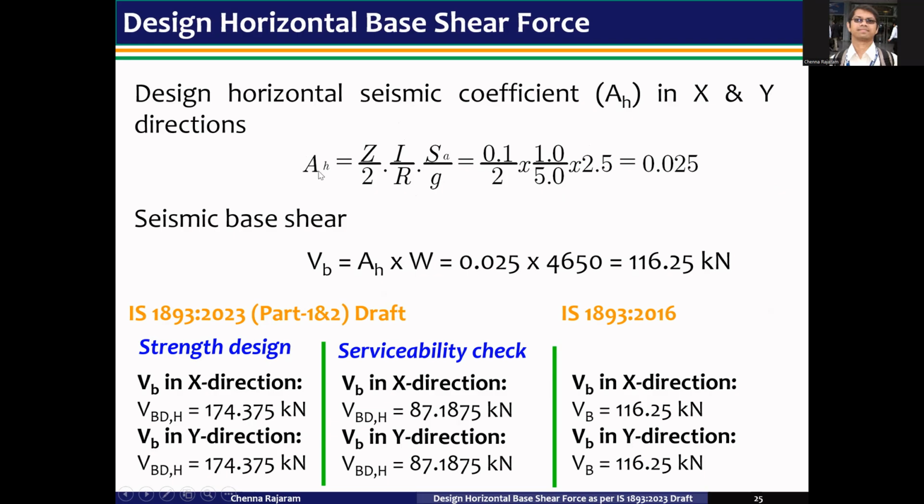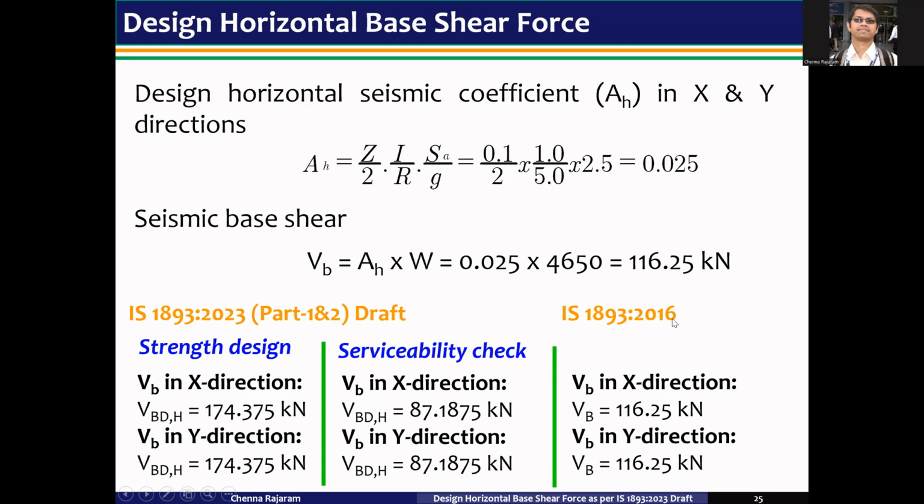After simplifying, the design seismic coefficient AH is equal to 0.025, and from that the seismic base shear value is calculated. Vb is equal to Ah multiplied with W, which is equal to 116.25 kilonewtons, and the base shear value is the same for both X direction and Y direction.